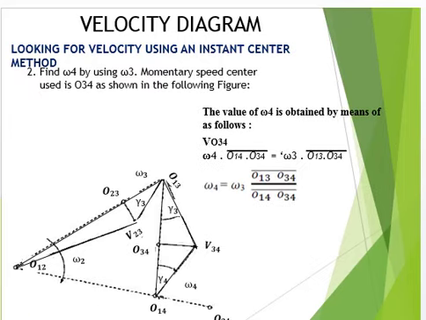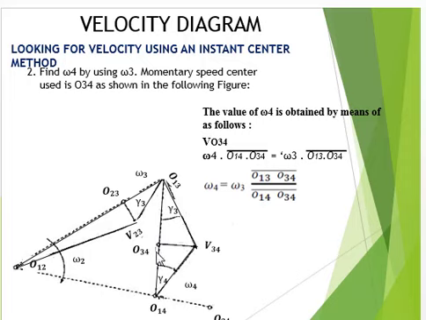Now we use the second method for finding the angular velocity of link 4, or omega 4, by using the omega 3 position. This is from omega 3, and then this is for omega 4. We can look at this illustration using the velocity at point O34.